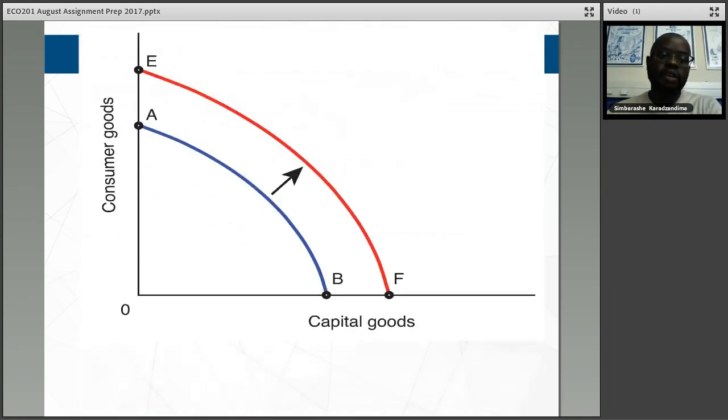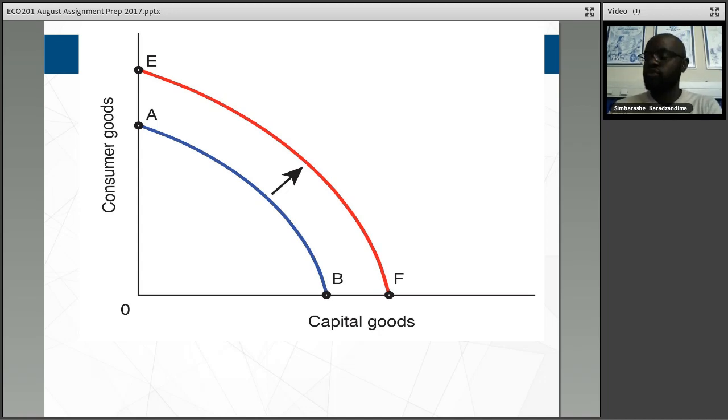All right. Then we can have a situation whereby there is an increase in the production of both goods. Maybe more resources have been discovered. Production increases in both industries. We are going to have an increase in the production of both goods, whereby our PPC will move from PPC AB to PPC EF.